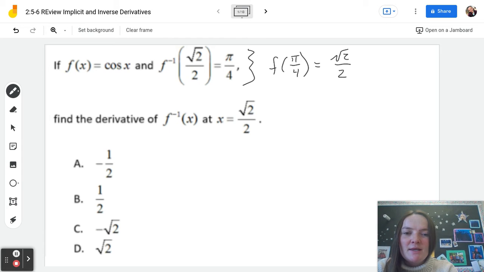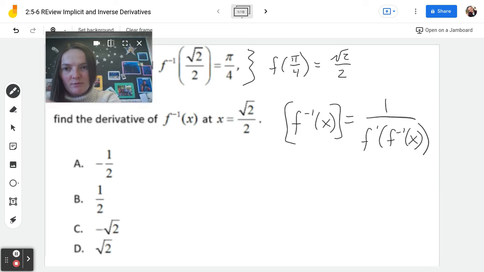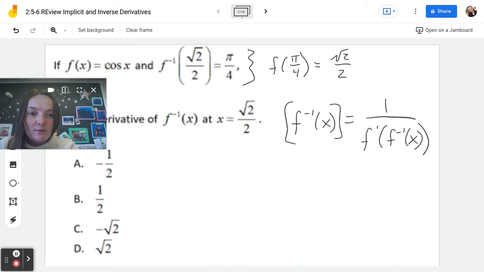So here's what we're going to do. To find the derivative of an inverse, the formula is written as such: f inverse of x prime is equal to 1 over f prime of f inverse of x. If we know this formula, we're good to go. So let's plug in what we know.